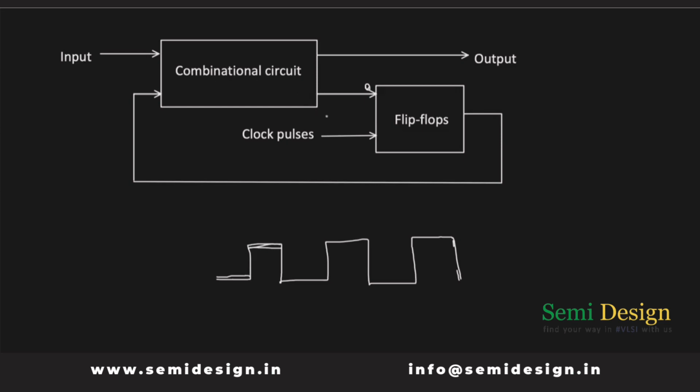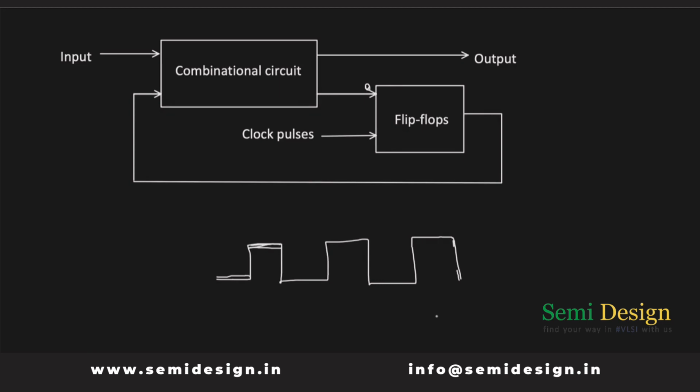That means even with the same signal level of a clock pulse, we can get different outputs of the combinational circuit, which will drastically create different outputs or different states at a particular time. So latches will mostly not be used here due to this reason.